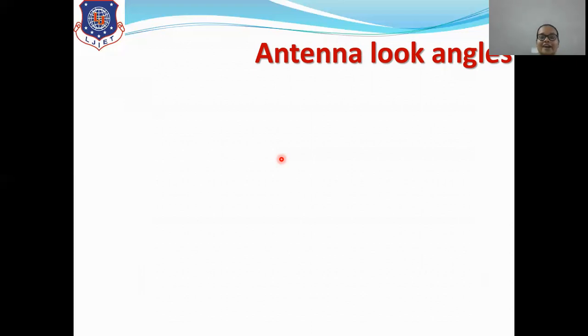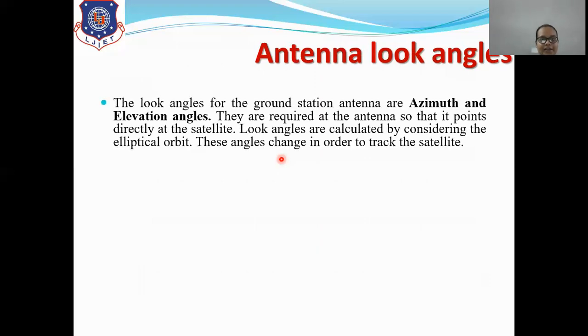Now, why are the antenna look angles necessary? If we talk about the geostationary orbit and we plant an antenna at the Earth station, it should have a particular location or height so that the satellite signals can be achieved easily. So we need to find two antenna look angles, the azimuth angle and the elevation angle.